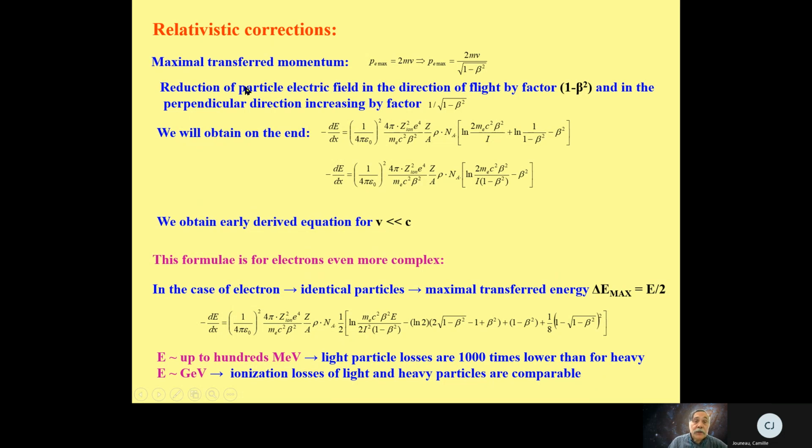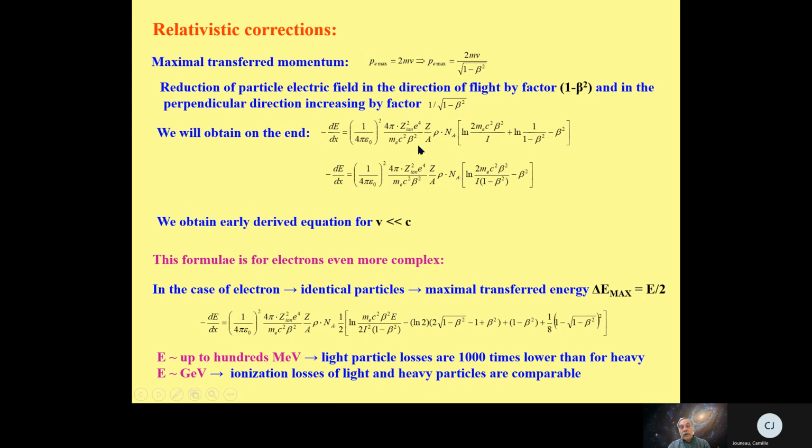And also we have some reduction of the particle electric field in the direction of movement by, again, a relativistic factor. And in the perpendicular direction, it is increasing by this factor. In the end, we will obtain these corrections.